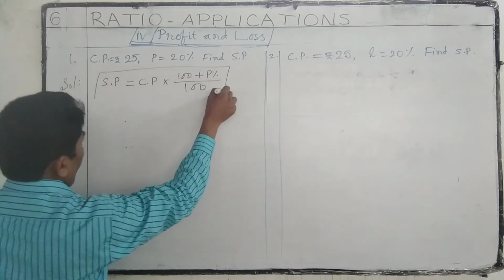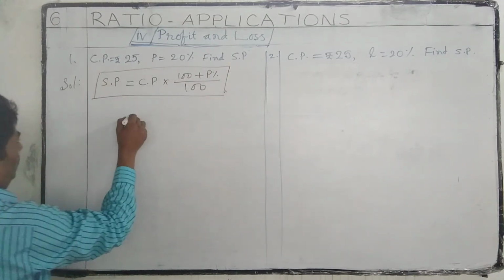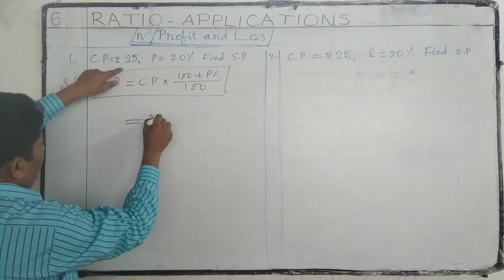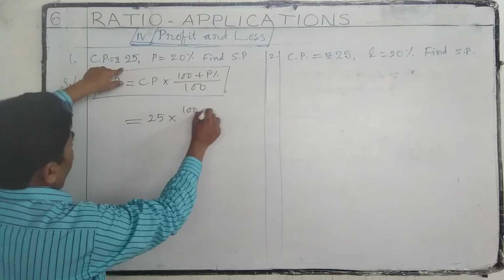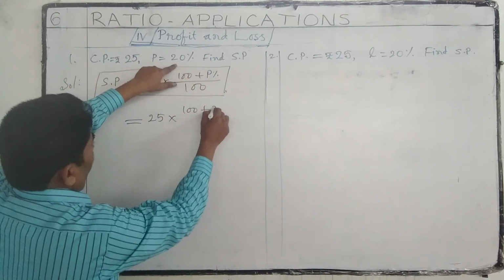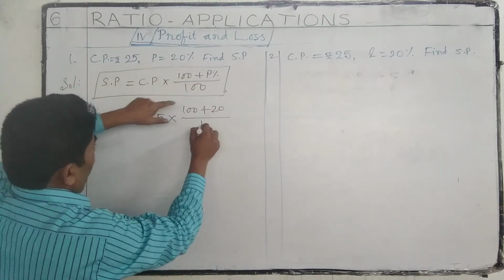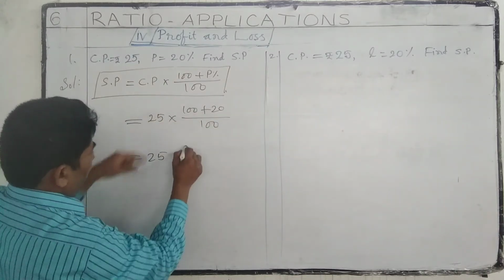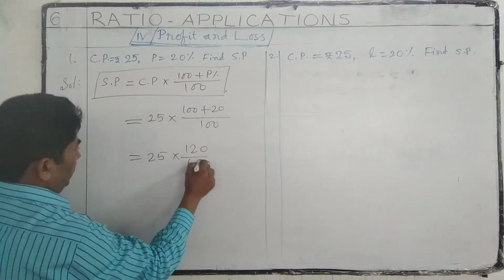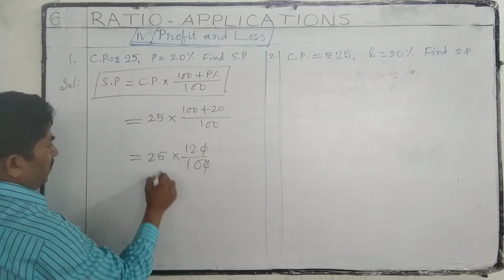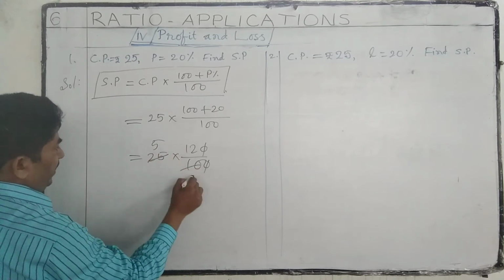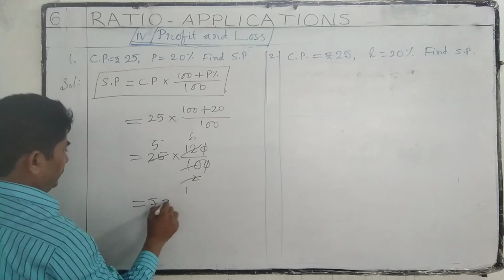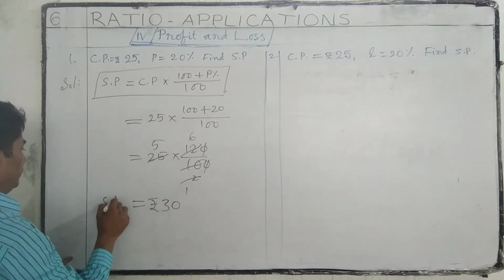So cost price 25 rupees, into 100 plus 20, 120 by 100. 0 0 gets cancelled. 5 5s are 5, 2 1s are 2, 5 6 are 30 rupees. This is the selling price.